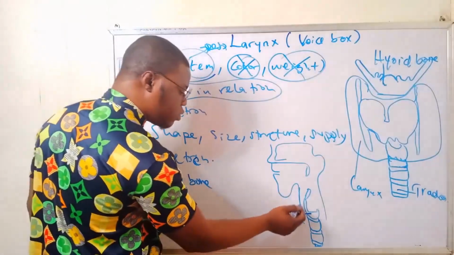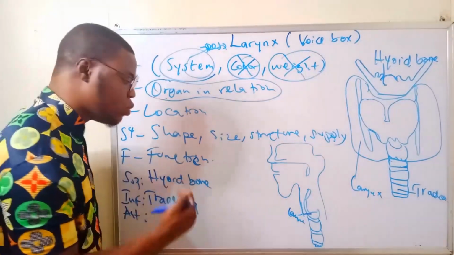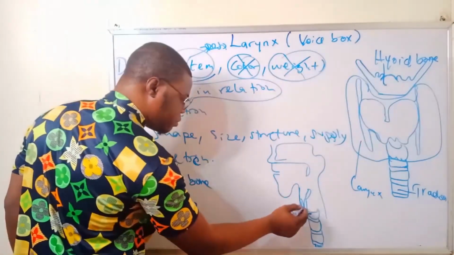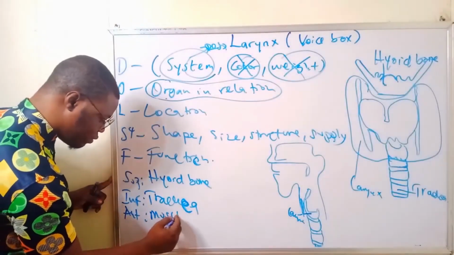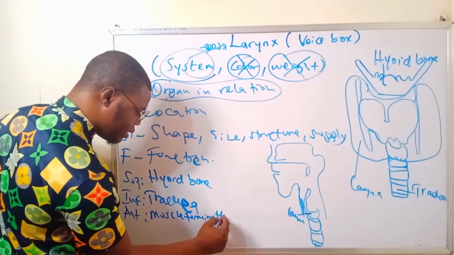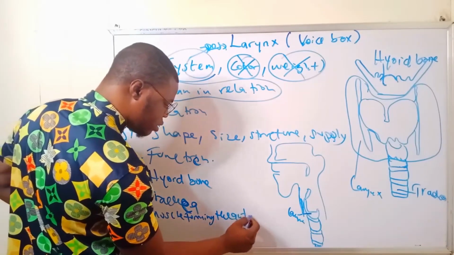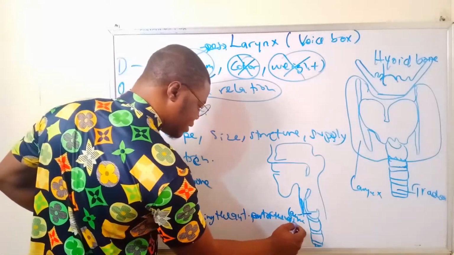And in front of it, what do you have? You have the neck, so the anterior part of the neck. But the truth is it's lined with muscle in front. So you can say the muscle forming the anterior part of the neck. As simple as that.